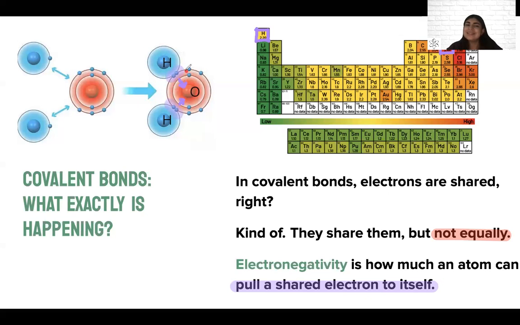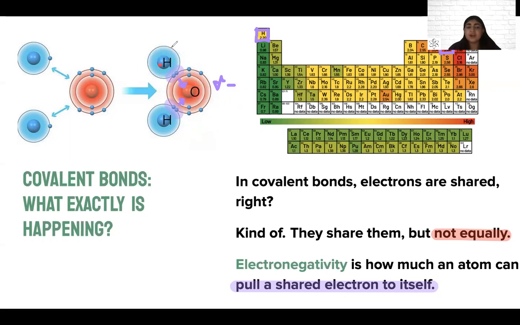Since it has these electrons for longer, it's going to have a kind of negative charge. The way that we indicate it is we draw a delta, and then we put a negative sign to say that it's not fully negative, it's just kind of negative, because these electrons prefer to spend more time with oxygen.